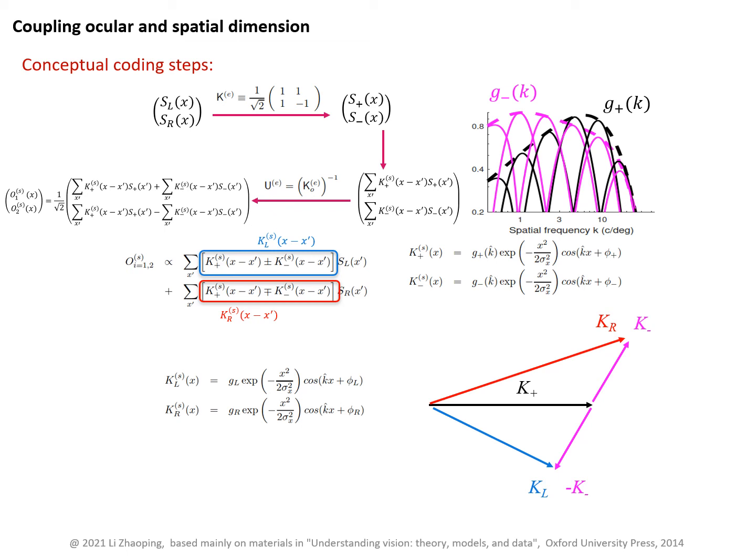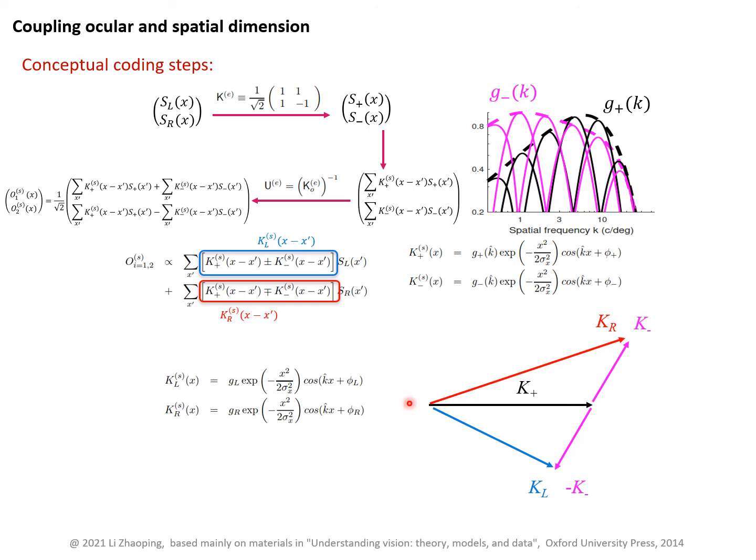It could also be used analogously for constructing the reciprocal field filters for red and green inputs, starting from the reciprocal field filters for luminance and chromatic signals. We introduce it here to make it easier for us to understand something that's more relevant for stereo vision, and that is a neuron's preferred binocular disparity.